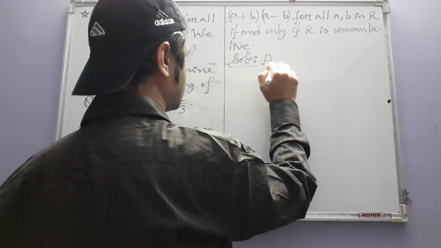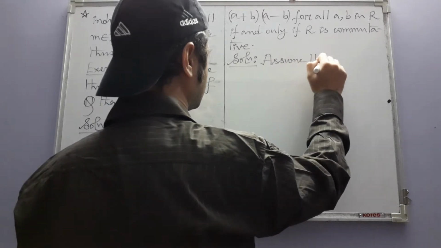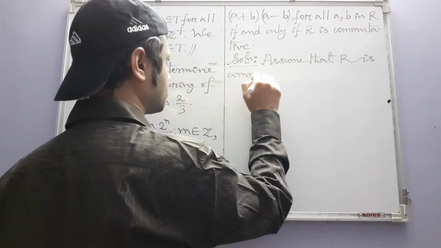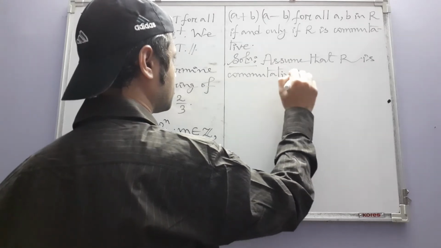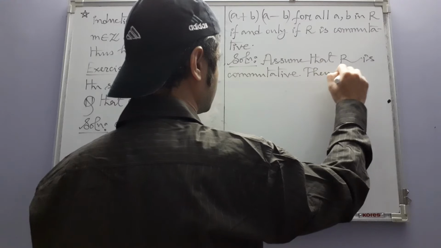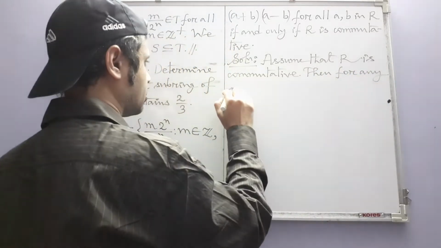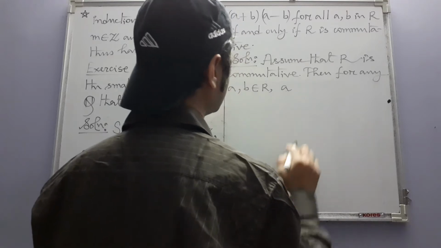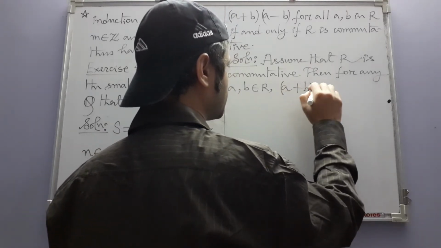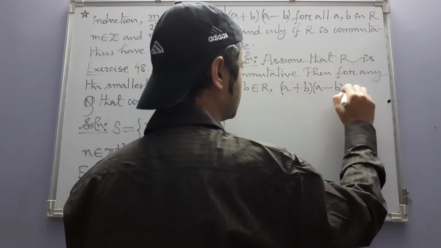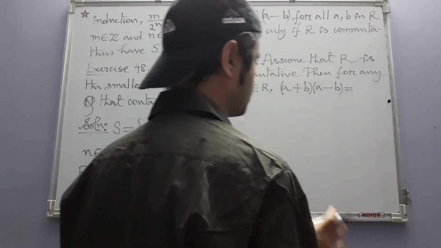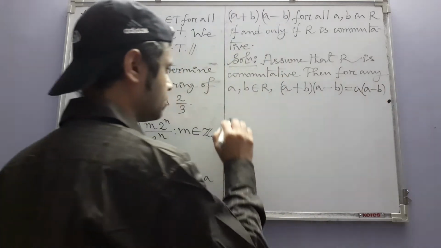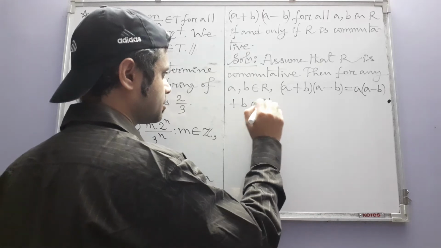Solution: assume that R is commutative. Then for any elements a and b in R, a plus b times a minus b is equal to, let us go step by step, a times a minus b plus b times a minus b.